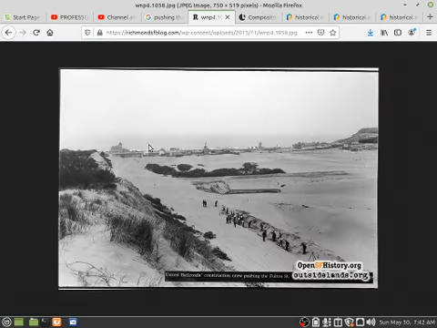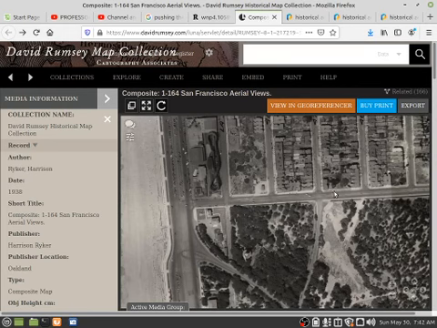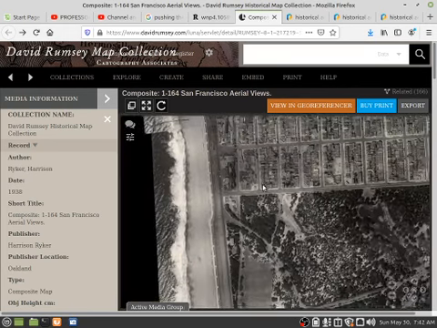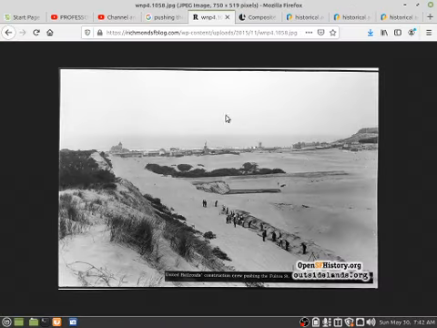And so they're just pushing the sand out of the way. Right about here. And so obviously the sand continues out this way, as far as we can see.